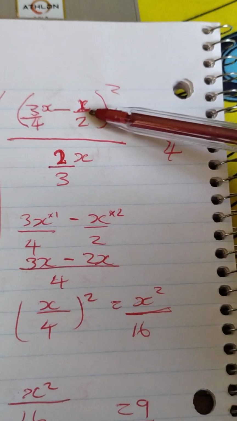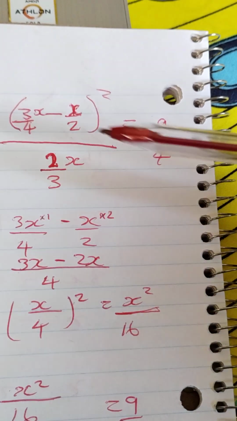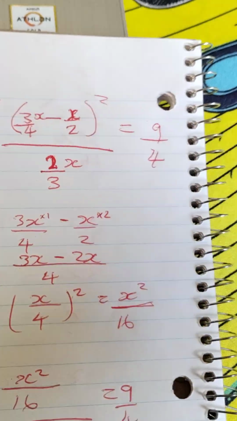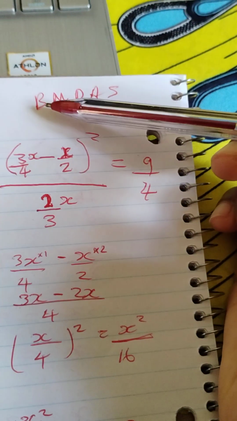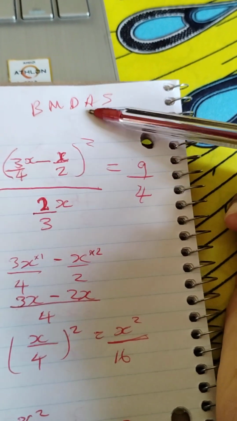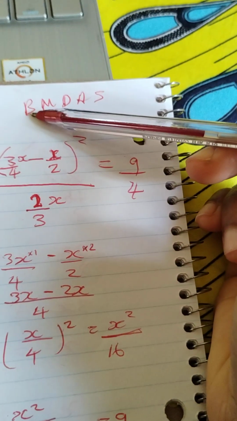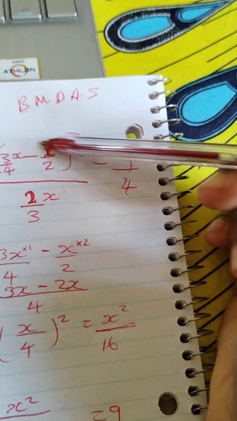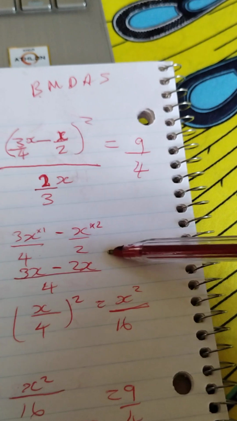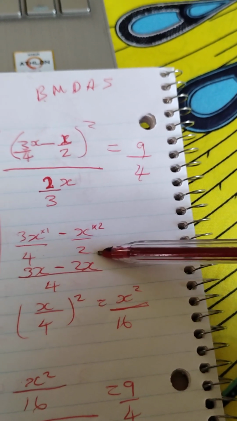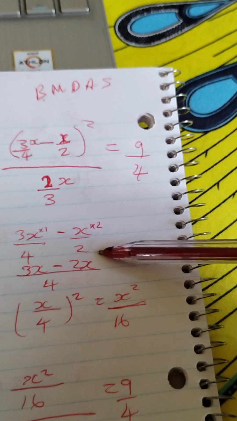We're going to work the numerator first, and what is in the bracket. There's something called BODMAS, Bless My Dear Aunt Sally, which means bracket, multiplication, division, addition, subtraction. So you have to work what is in the bracket first. If you notice, the fractions don't have the same denominator, so you have to find a common denominator.